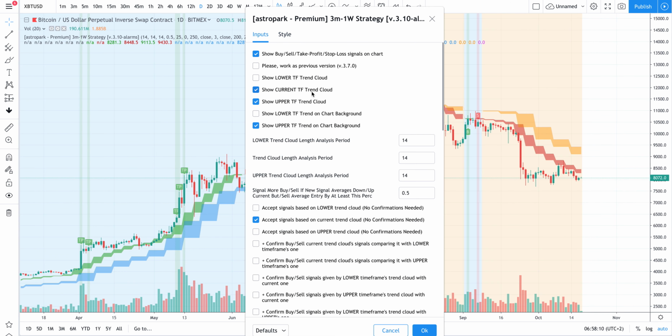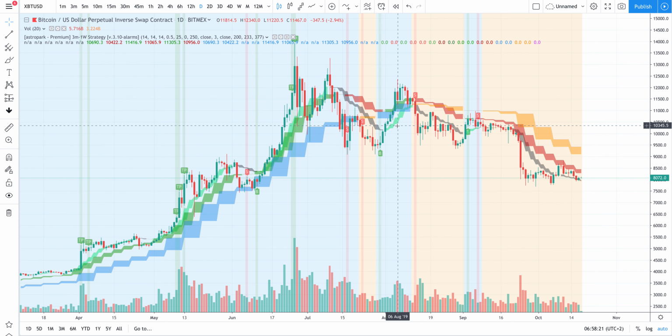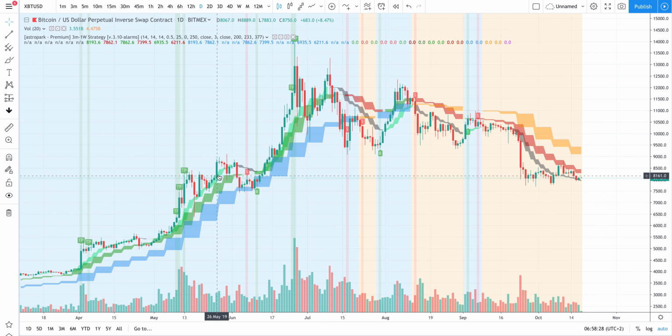Why are these trend clouds so important to me in my trading strategy? Because as you can see, price respects this trend cloud. The lower one especially is very nice for checking where the price is just about to reverse.